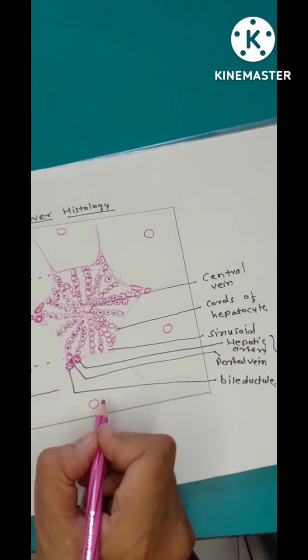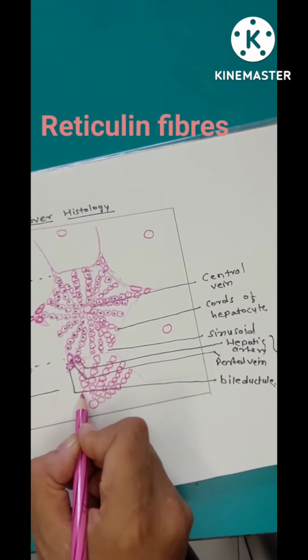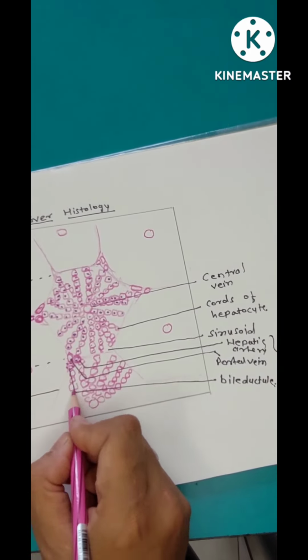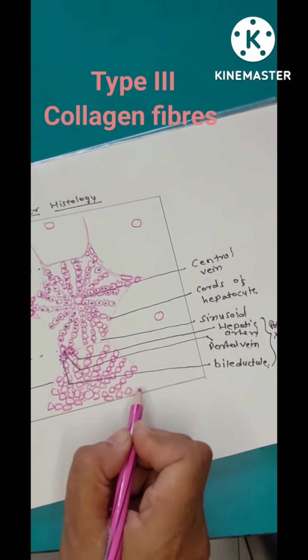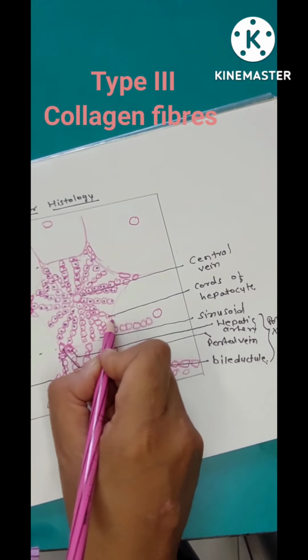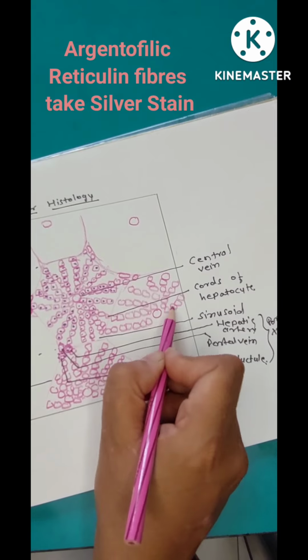We'll complete the rest of the hepatic lobules in the similar way. Connective tissue of the liver is made up of reticulin fibers. This connective tissue framework of the liver is formed by type 3 collagen fibers. If the slide is stained with silver stain, it can stain this connective tissue framework.